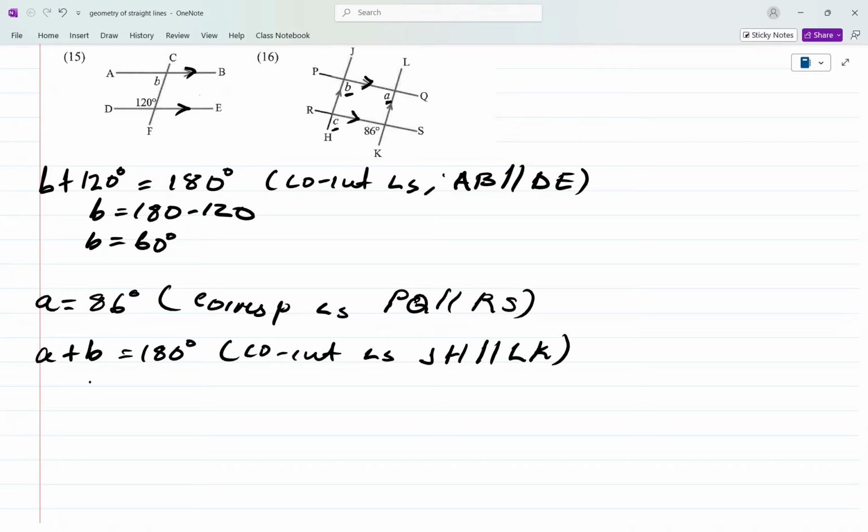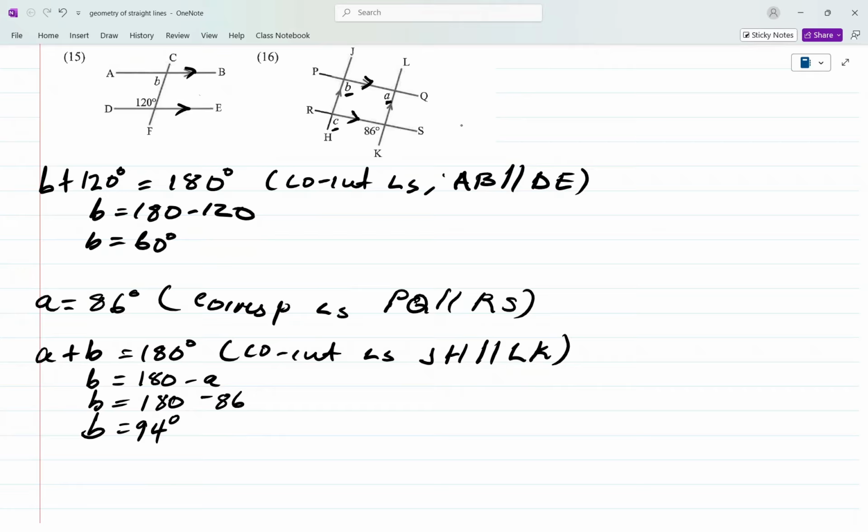Therefore, I'm going to say B will be 180 minus A. However, I know the value of A as 86. Therefore, the value of B will be 180 minus 86. And then from your calculator, you will have 94. The value of B will be 94 degrees.